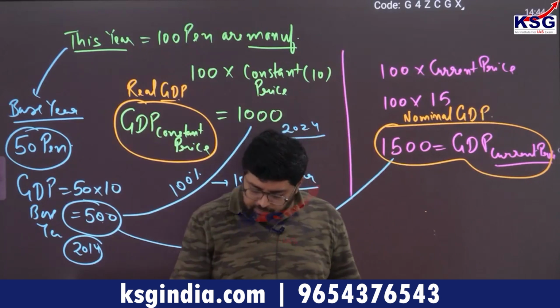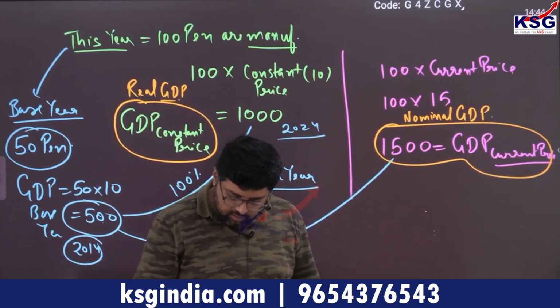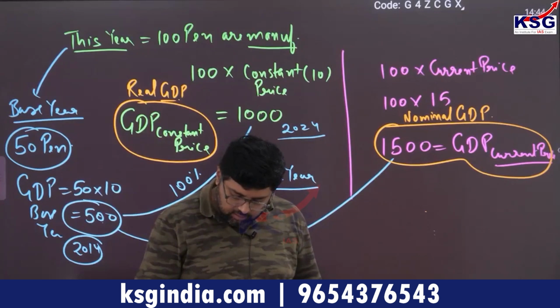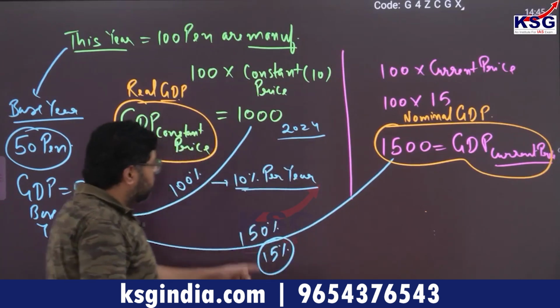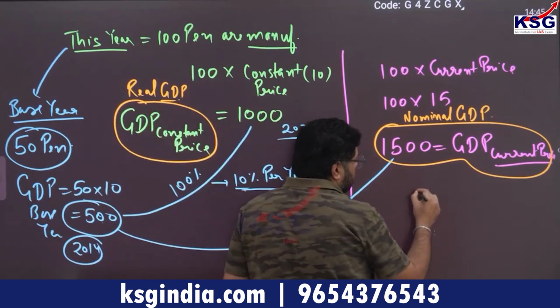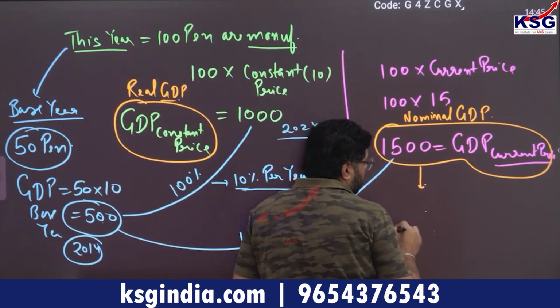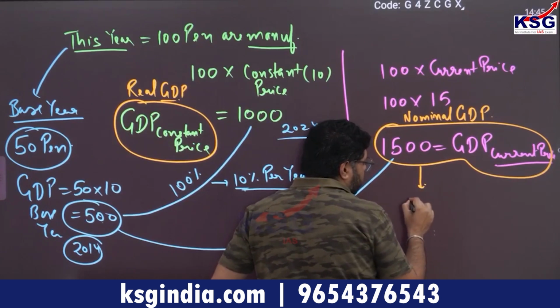So this is the difference between real GDP and nominal GDP. Clear? Ultimately, in nominal GDP there is the factor of inflation.